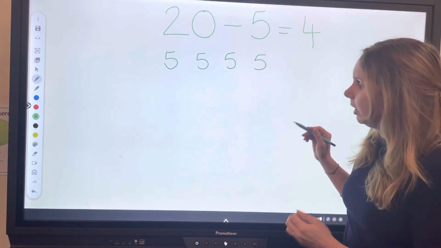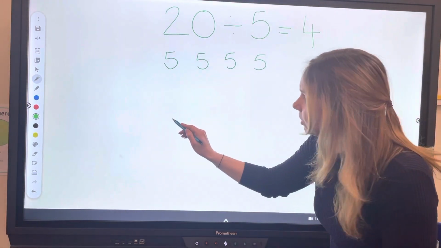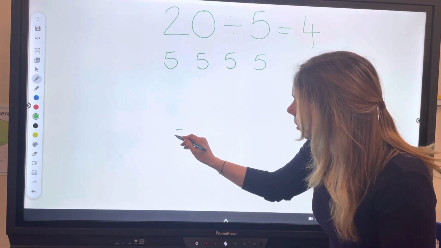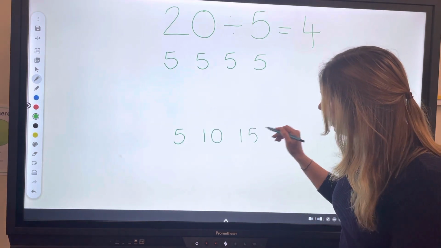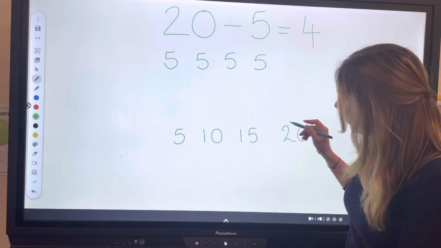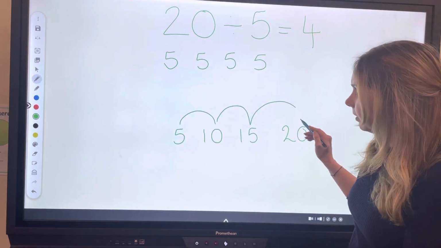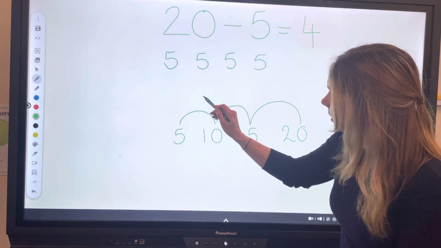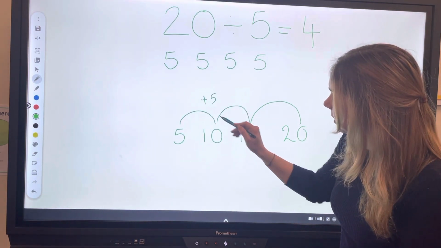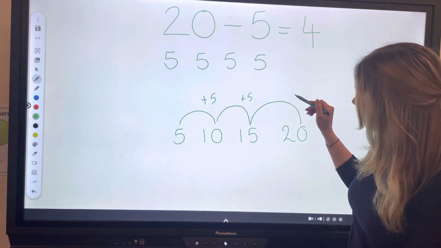You may prefer drawing your number line and counting in 5s to get to 20. So you may draw 5, 10, 15, 20. You may count how many jumps you've done. So I've done plus 5 to get to 10, plus 5 to get to 15, plus 5 to get to 20.